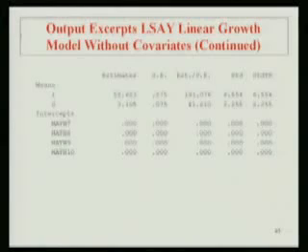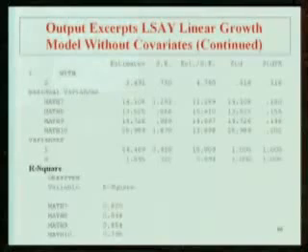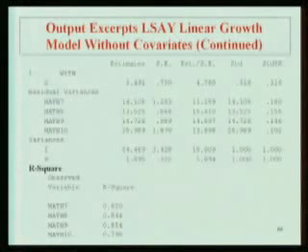And now the mean of the intercept growth factor is really not so much of interest. Whether or not there's variability about where people start is of interest, but exactly where they start isn't so interesting. So we don't focus a lot on that parameter. But we do focus on the variances of those two parameters. So we see here that the variance of I is also significant. So that means there's significant variability around that mean where people start in their growth process.